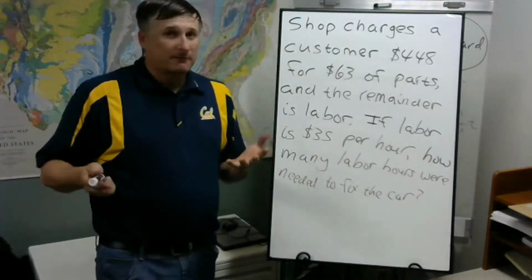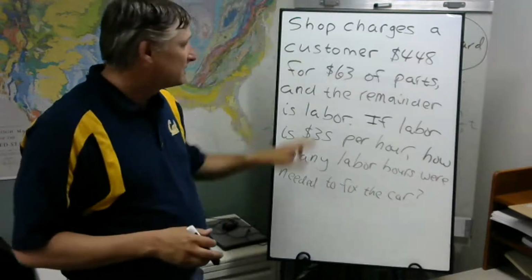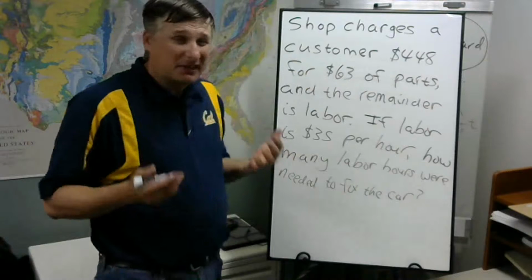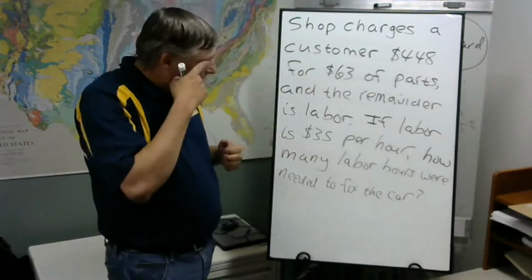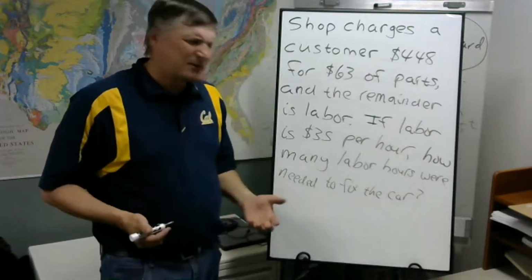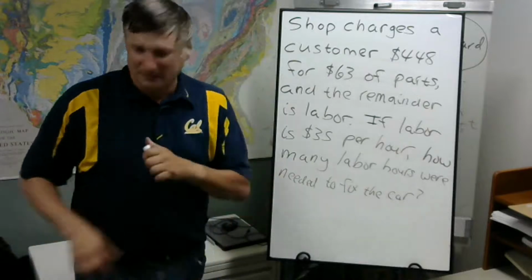So $448 is the total. $63 comes from parts, and the rest of it's labor. And we know the labor is $35 per hour. So how many hours were used to fix the car?